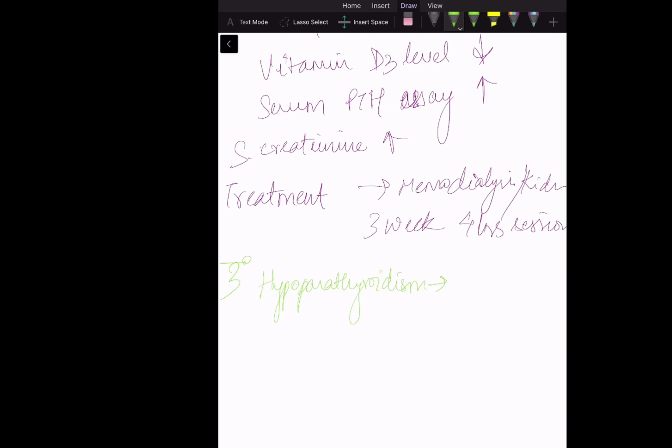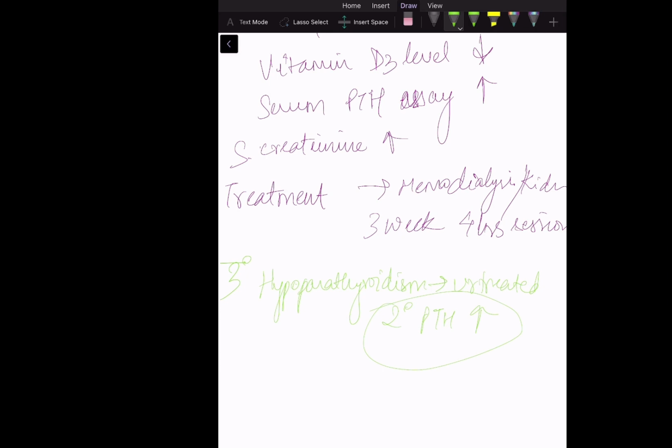It is, first of all, untreated secondary hyperparathyroidism: PTH levels will keep increasing. That's what we call tertiary hyperparathyroidism, which results from continuous untreated secondary hyperparathyroidism. What happens in this?